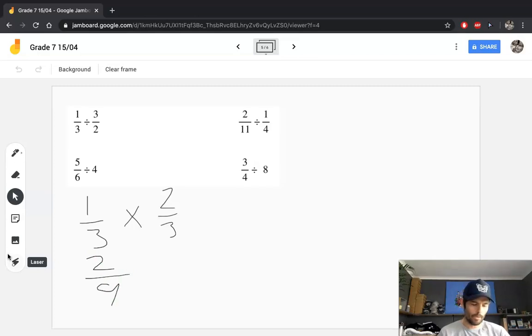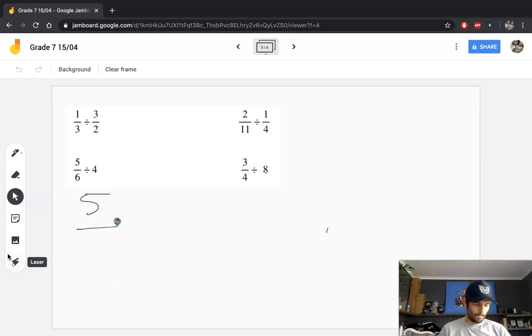For the second one at the top, 2 over 11 becomes multiplied by 4 over 1. Okay, 2 times 4 is 8, and 11 times 1 is 11. Okay, your third question was 5 over 6 divided by 4. Okay, so now remember that 4 can also be written as 4 over 1.